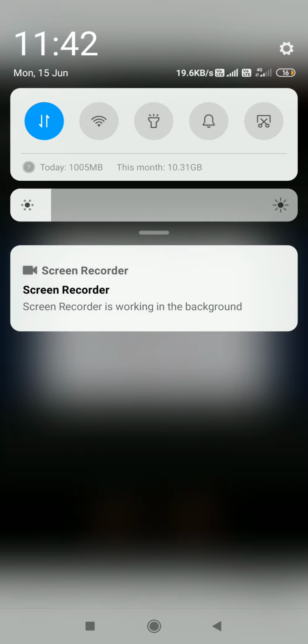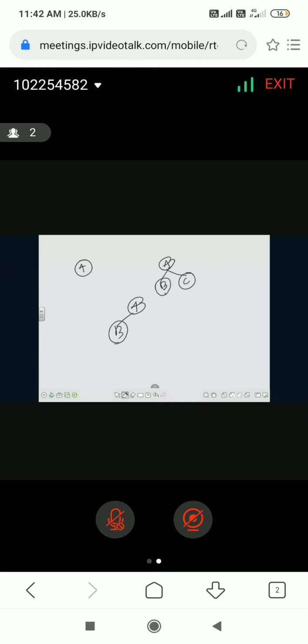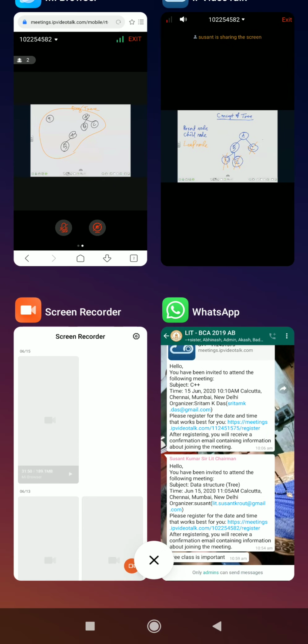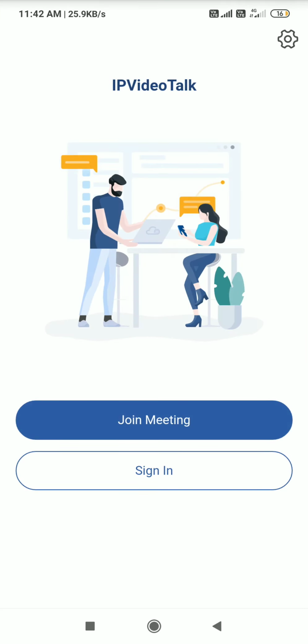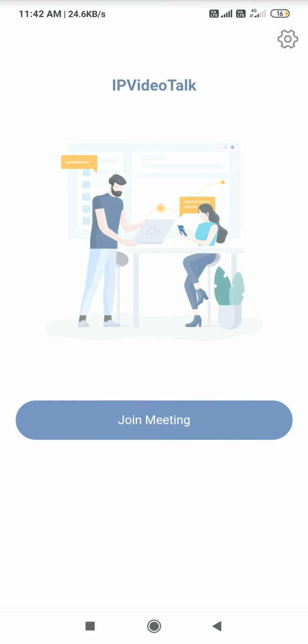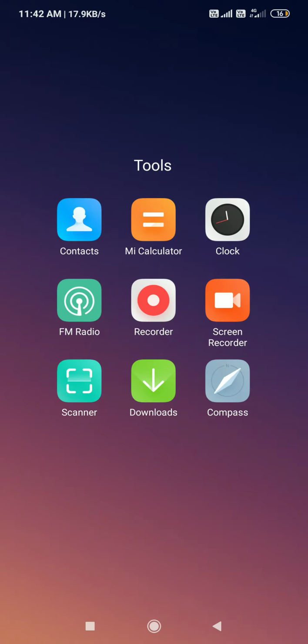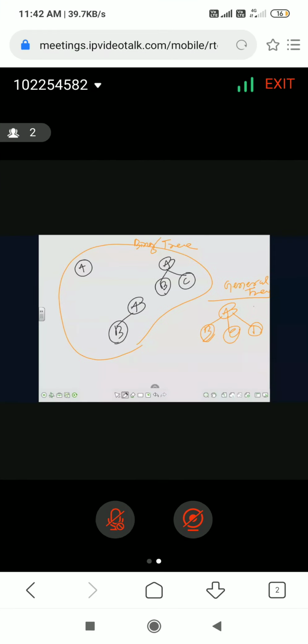So these trees are called binary trees. But here is the tree A, B, C, D. It is called a general tree.